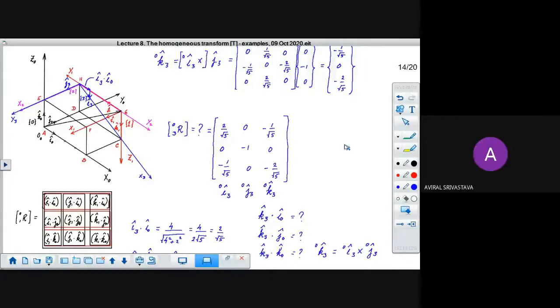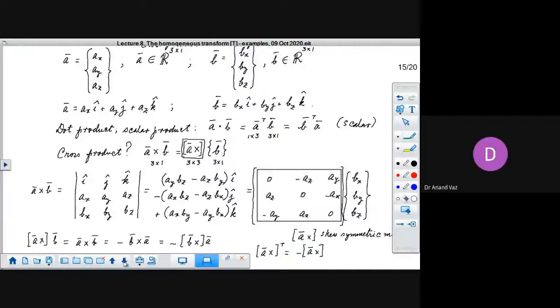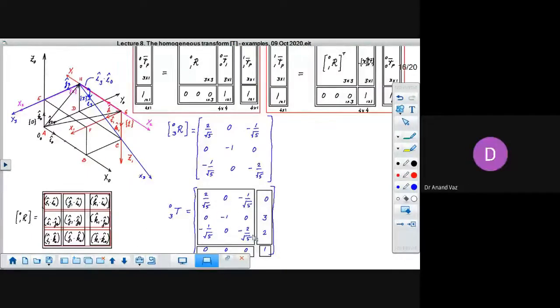The care that you should take is, when you construct this T matrix, you should check whether this matrix satisfies the properties of the R matrix. That means the magnitude of each of its columns should be 1, and secondly, they are mutually perpendicular to each other.